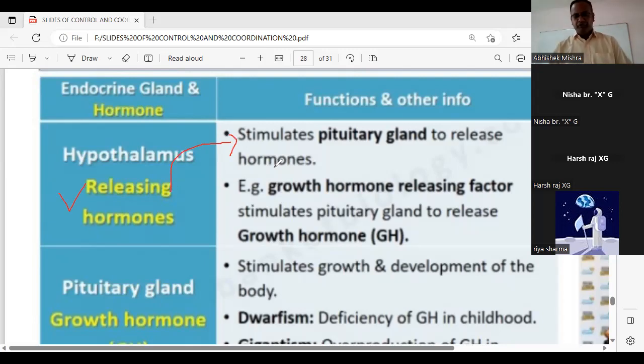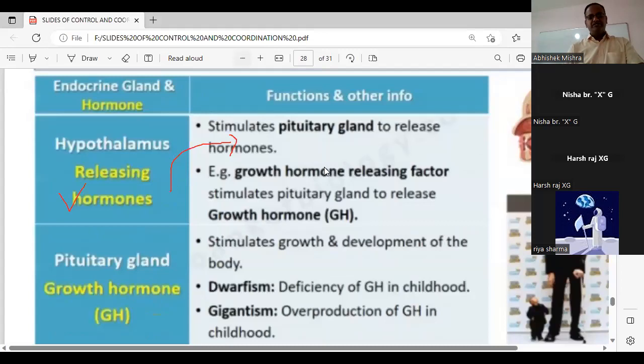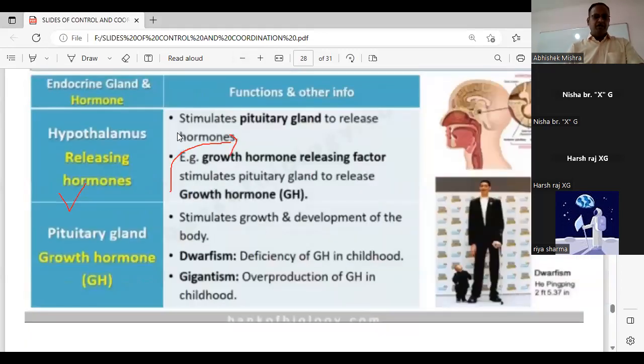One important thing I said to you yesterday also when we did the structure of the brain: the pituitary gland is called the master gland of the body. Why? Because it controls the stimulation of various important glands of the body. But who stimulates the pituitary gland? It is again the hypothalamus that stimulates the pituitary gland to release the hormone.